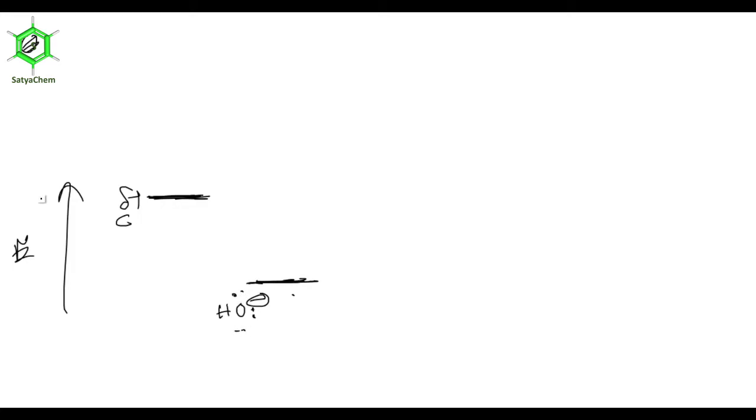Then in this diagram, what will be the position of HOO minus? Just try to understand. Can you tell me whether the energy of HOO minus will be higher or lower than that of HO minus?